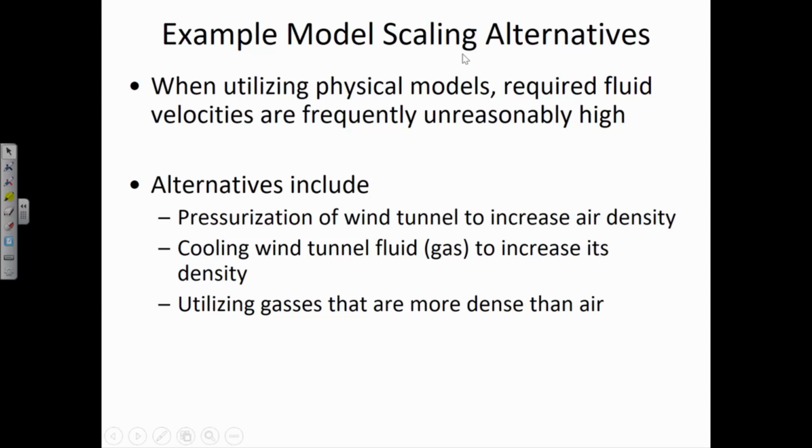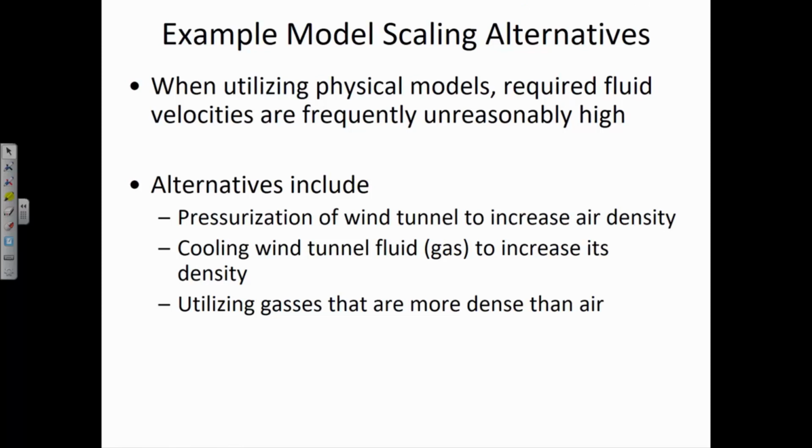So to maintain the proportionality of forces, sometimes if you are testing, let's say, a small-scale wing in a wind tunnel, then maybe you'd have to have extremely high velocities in order to maintain the needed proportionality in forces, like unreasonably high fluid velocities if you were using air in a wind tunnel.